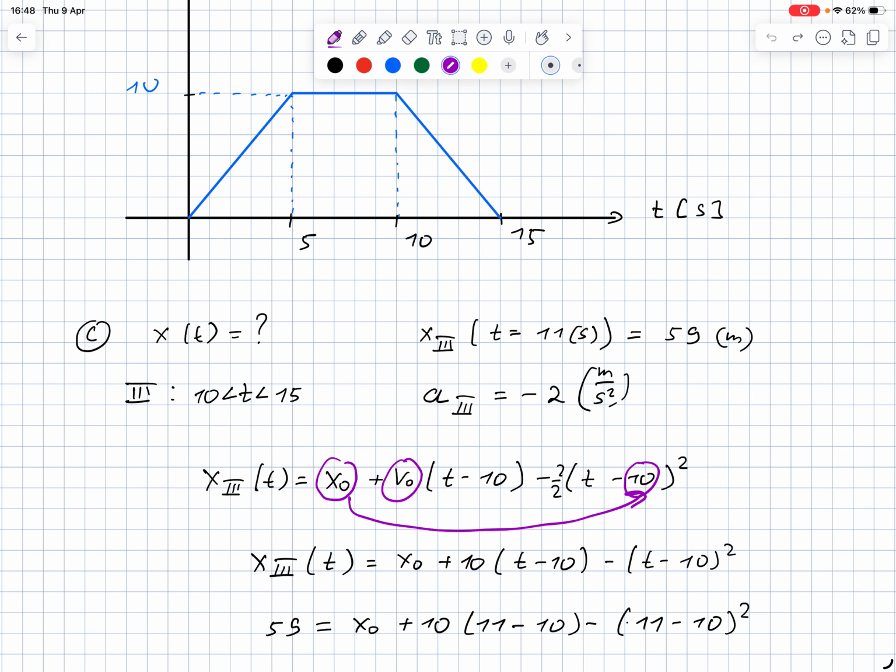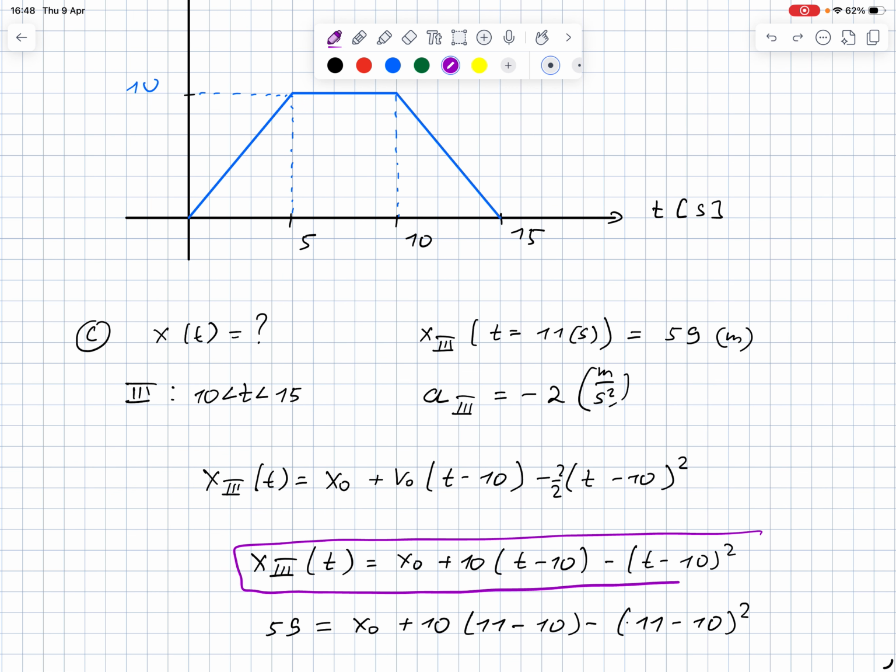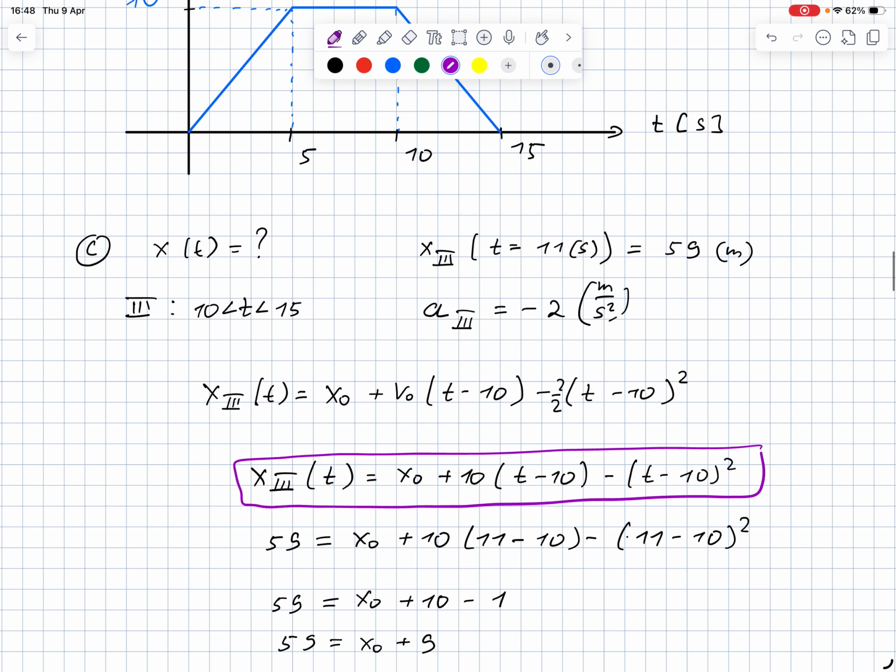And acceleration is minus 2, and minus 2 divided by 2 gives us minus 1 here. So from this step, we need to find x0 when the time equals 10 seconds.